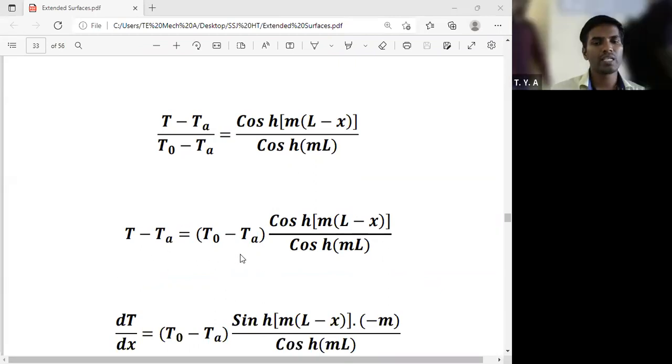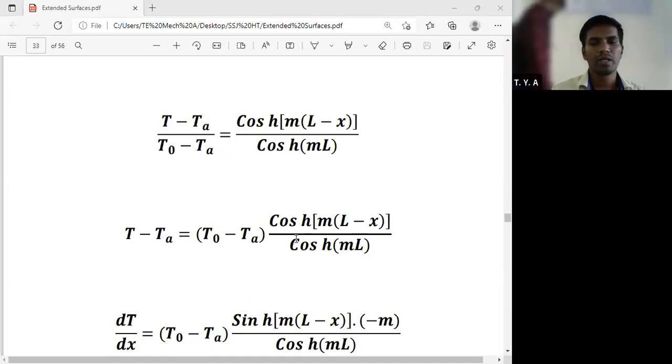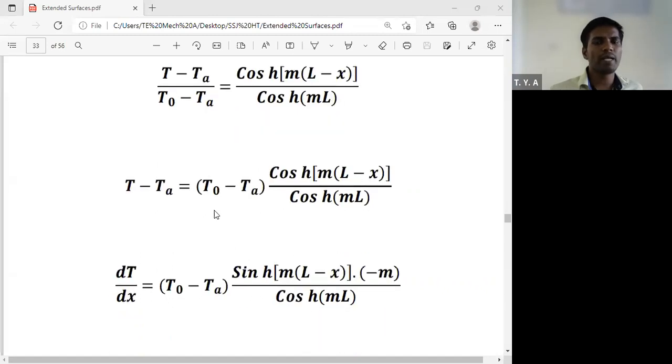T minus Ta is equal to T0 minus Ta cos hyperbolic m into bracket L minus x divided by cos hyperbolic ml. Now take the derivative. What is the derivative of the left hand side? That is dt by dx. We take the derivative with respect to x. In the denominator there is no x value, so the denominator is also constant.